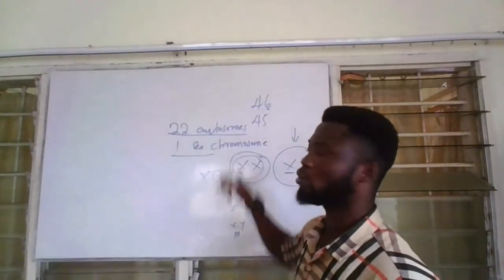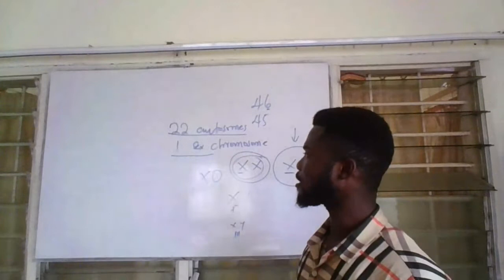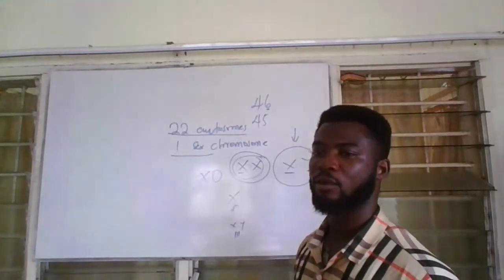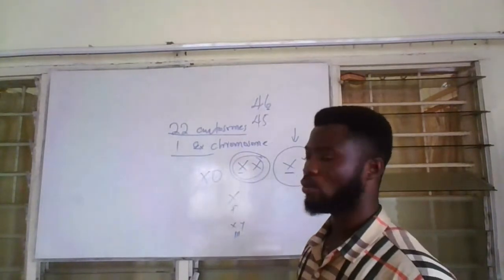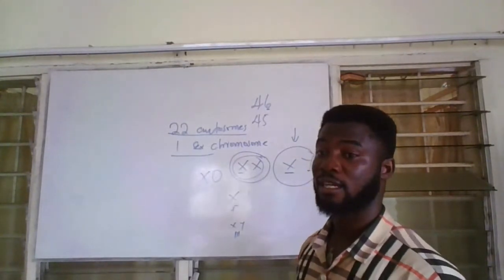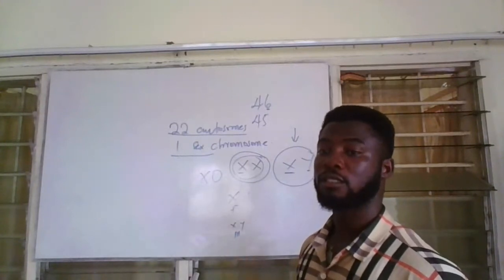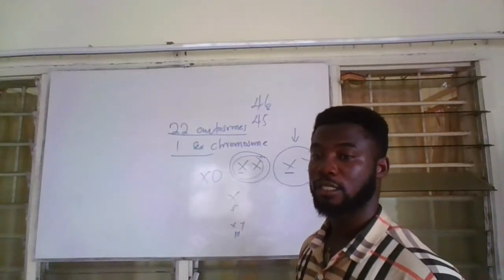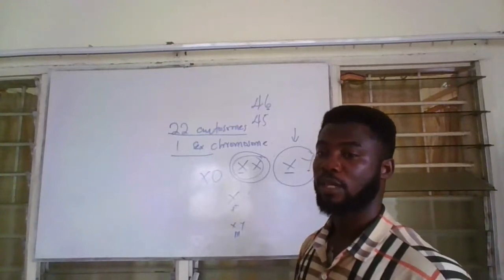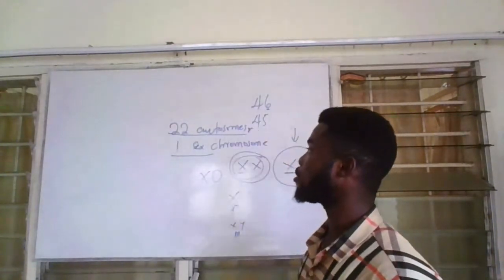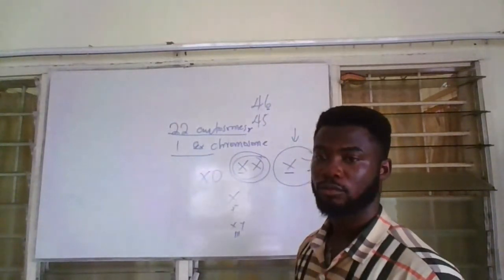With these 22 autosomes, that is what we inherit from both parents, from our mother and from our father. Hair, eye color, skin color or complexion, baldness, tallness, shortness, that is dwarfism, whatever we may call it. All these things are inherited from these 22 autosomes.